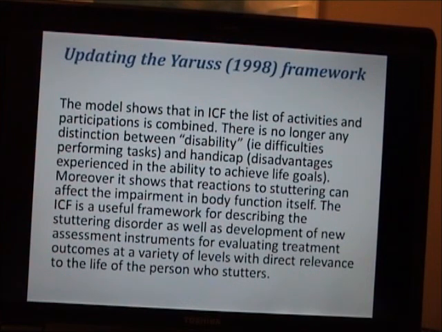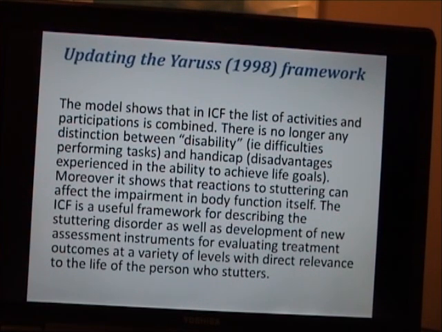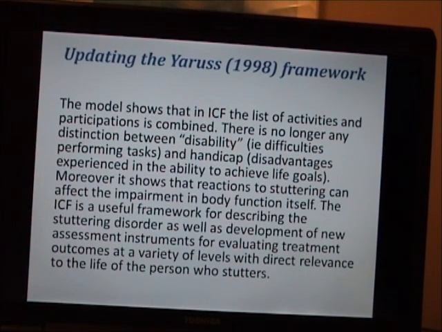There is no longer any distinction between disability, that is difficulties performing tasks, and handicap, the disadvantages experienced in the ability to achieve life goals. Moreover, it shows that reactions to stuttering can affect the impairment in body function itself.